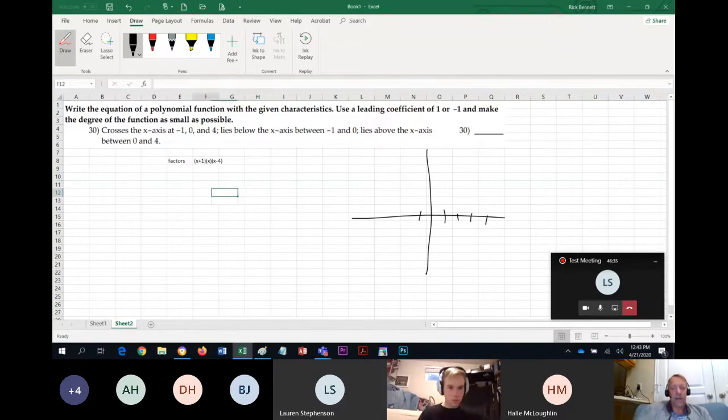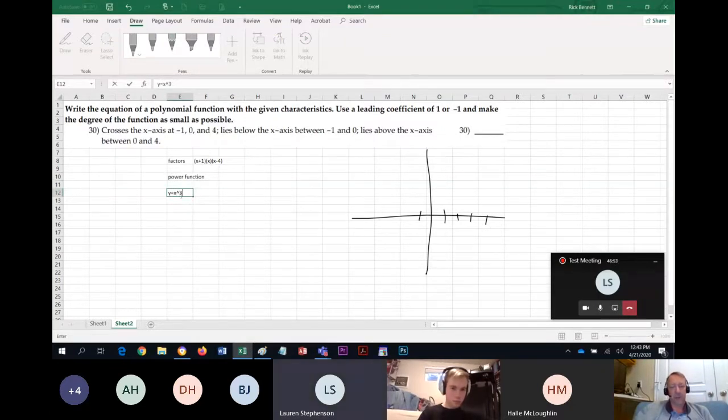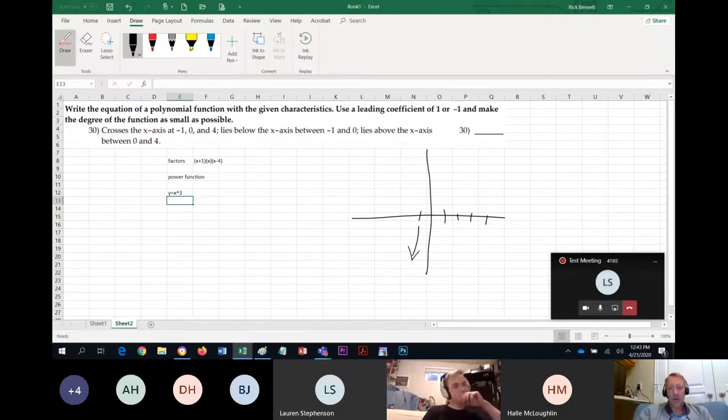Now, what's my power function at this point? Well, if you multiply them together, I got an x to the third. Yeah, so you're going to have some sort of y equals x to the third, right? Okay. So with an x to the third, it's going to start low, it's going to end high, correct?